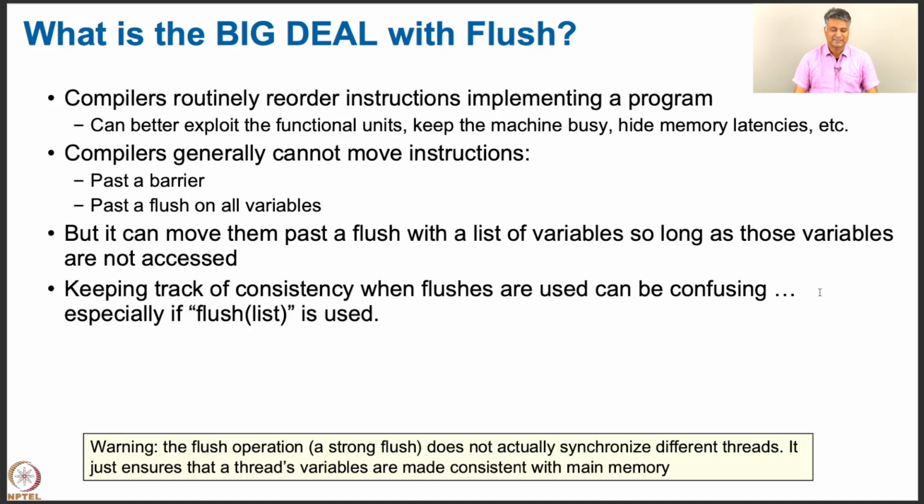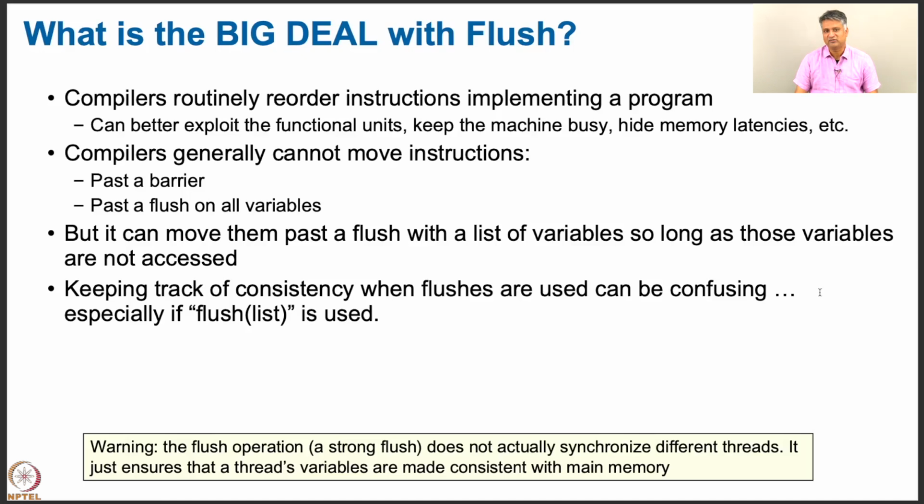Now, explicit barriers typically force the compiler not to move instructions beyond a certain point. Compilers also cannot move instructions past a flush on variables. But compilers can move instructions past a flush of a list of variables as long as those variables are not accessed, whereas a barrier is more of a hard stop.